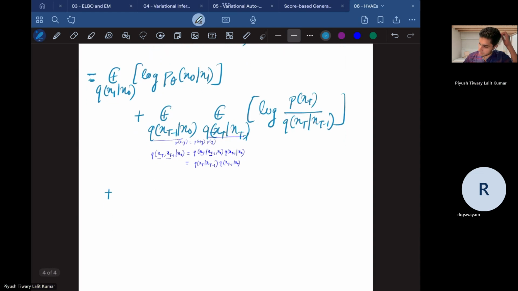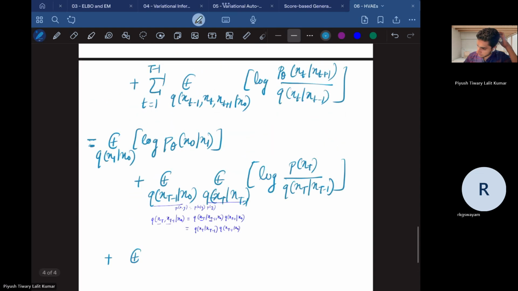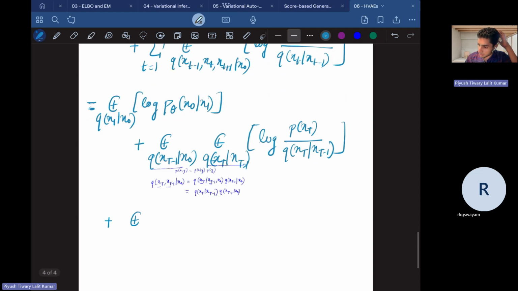plus expectation under. I want to again write something similar to what we did with the second term. So I want to take out q of x_t given x_{t-1}, right?